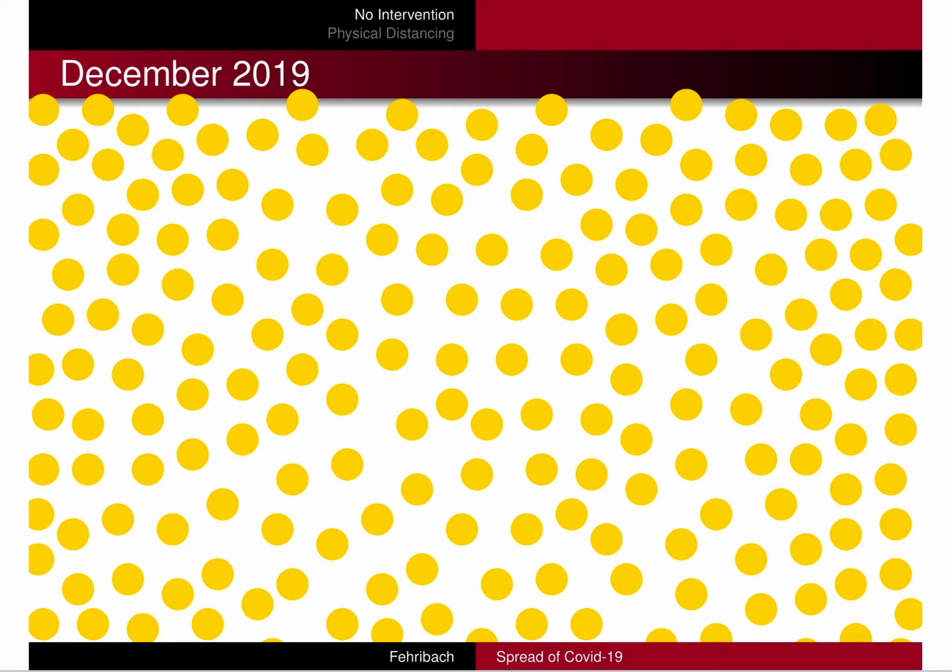The data that I'm using really mirrors the dates when things happened in Italy, but the spread is similar everywhere. The rates might be a little bit different in some places, but the general idea is going to be the same. Okay, so December 2019, everybody is yellow, everybody is susceptible, nobody is yet infected.